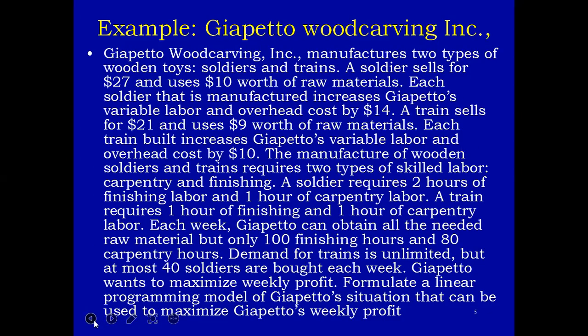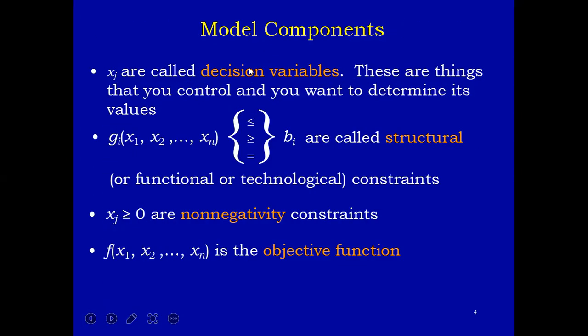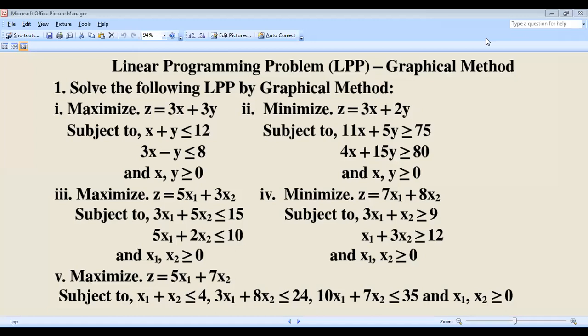So now we'll try to solve how to solve linear programming problems by the graphical method. Now we'll try to solve these 5 problems. First problem: maximize z equals thrice x plus thrice y, subject to only 2 constraints with 2 decision variables, and this is the non-negativity restriction.